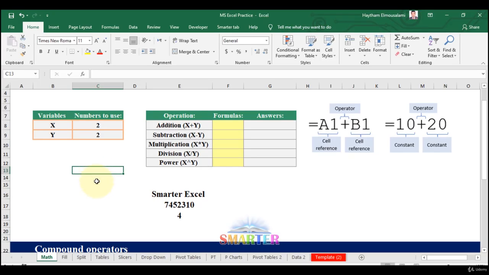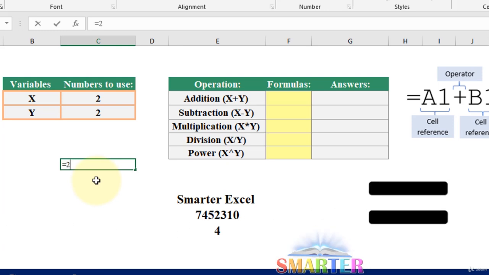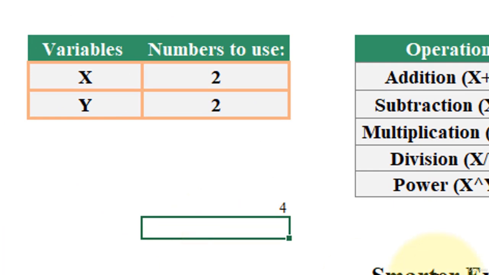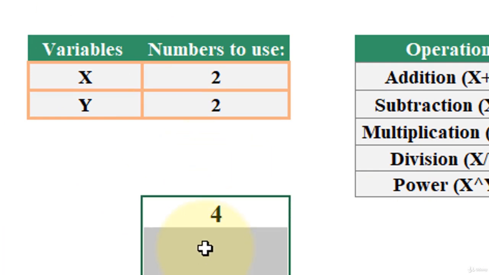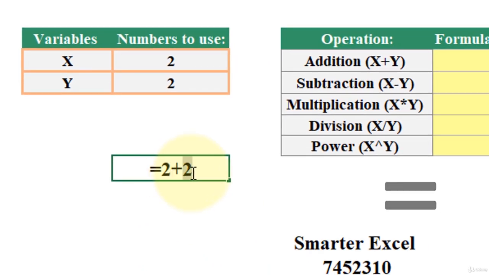If you want to add two numbers using just constants, press equal sign, and the first constant will be 2, and the second constant will be 2. The final result will be 4, okay? This is constant plus constant, and this is fixed, static, can't be changed.